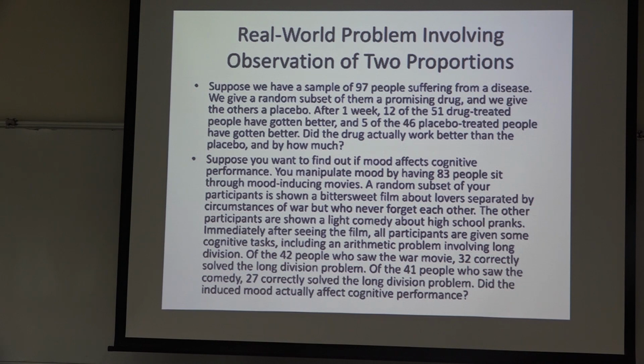If a person correctly answers that long division problem, we consider the coin flip result a head. If he incorrectly answers the long division, we consider the coin flip result a tail.